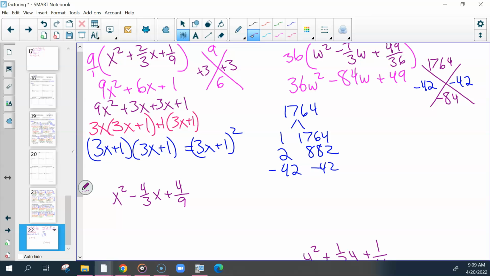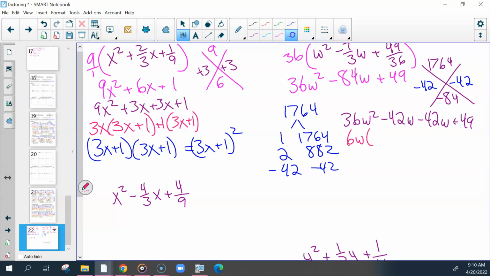So we have 36w squared minus 42w minus 42w plus 49. As you start doing this, you'll notice that the middle two are usually going to be the same numbers. What do these first two have in common? W and 6, yeah.